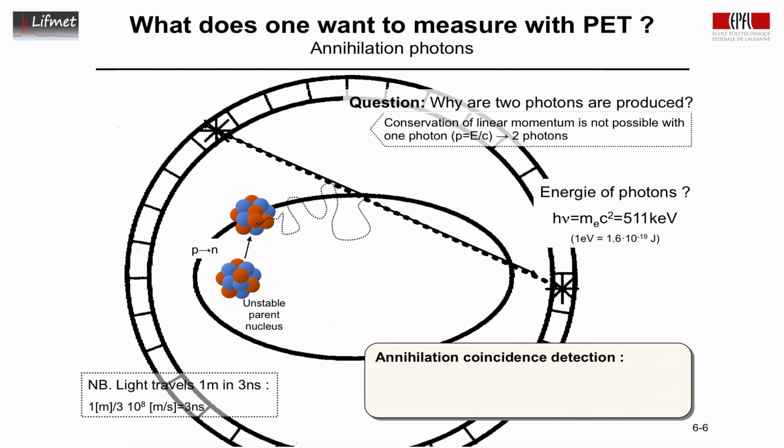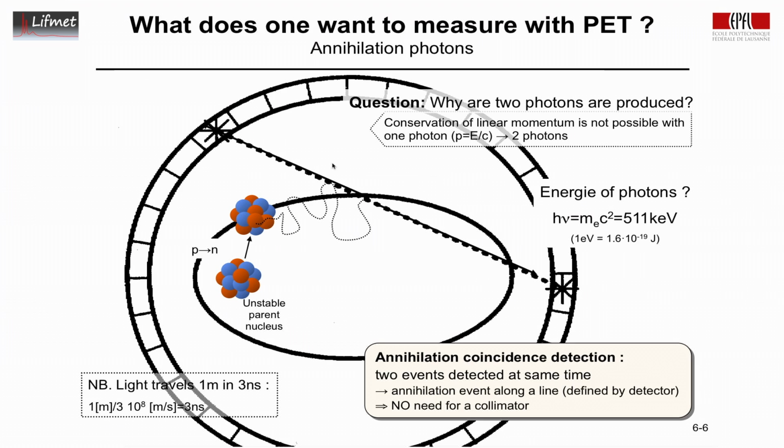So what we have here then, the principle is annihilation coincidence detection. The basic principle is we detect two photons at the same time. We attribute a location somewhere along a line that connects the two detectors, and somewhere along this line we had an annihilation of a positron and an electron. So what does this mean? It means we detect two events at the same time, and this defines the event along a line.